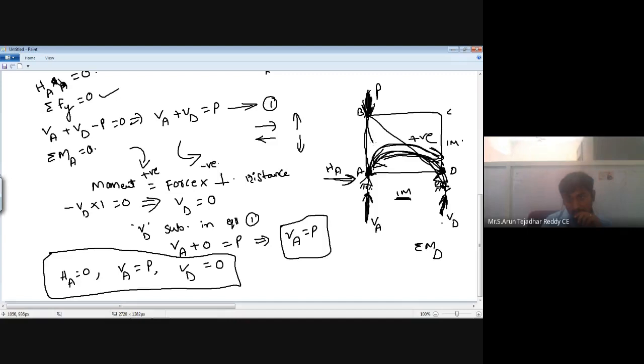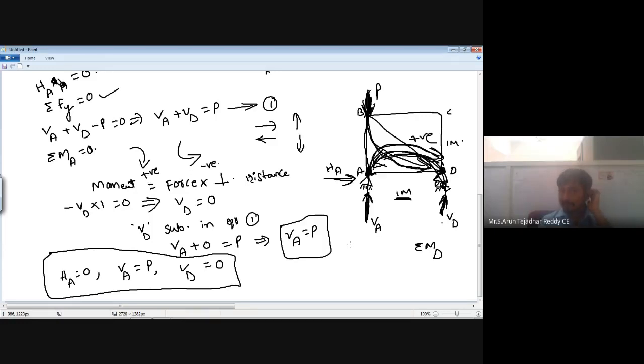So D to D, this is also an anti-clockwise direction. Like that you have to do this type of problems.